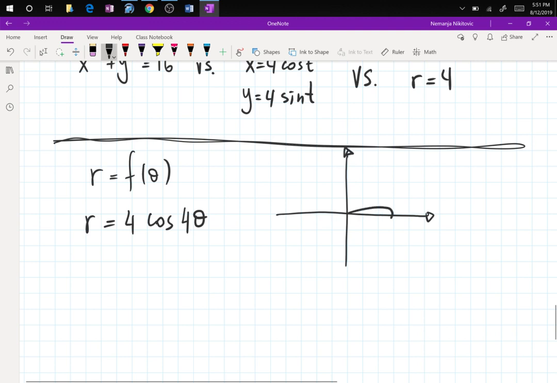It goes out to 4. You get a flower with 8 petals. Is that a function? Is it going to be pretty if we turn this into an xy equation? Let's try it, see what happens. It's going to be disgusting, for lack of a worse word.